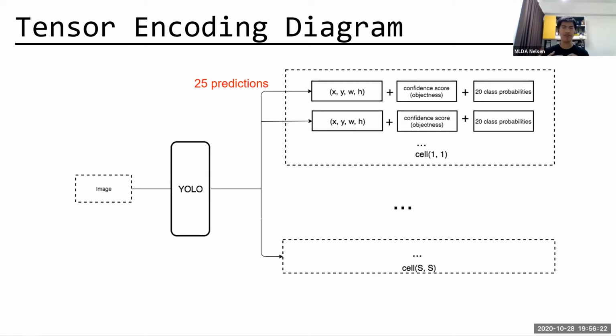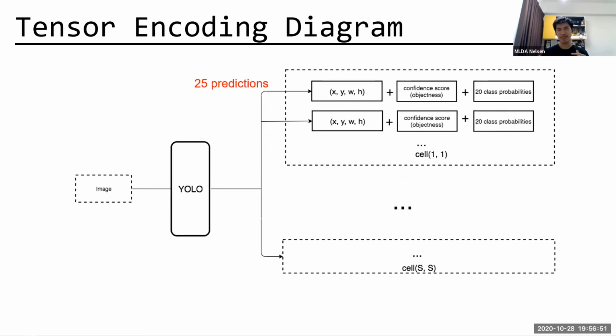So the problem from YOLO version 1 that we had earlier is that at a specific grid, we can only have one object assigned to that grid. So for, let's say, 7 times 7, you can only have 7 times 7 objects assigned to a specific image. And to tackle this problem, the idea is that for each bounding box, you can have a specific class probability.